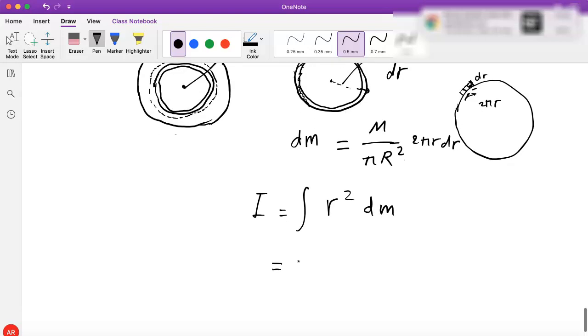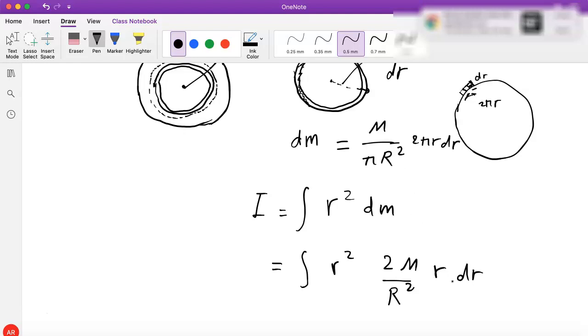Now this is going to be the integral of r squared. Let's clean up this expression a little bit. The pi's cancel out. We have 2m over capital R squared, and then there's another r dr.